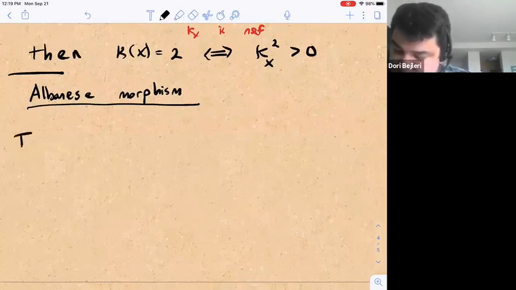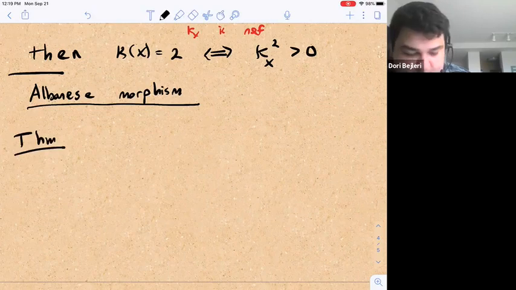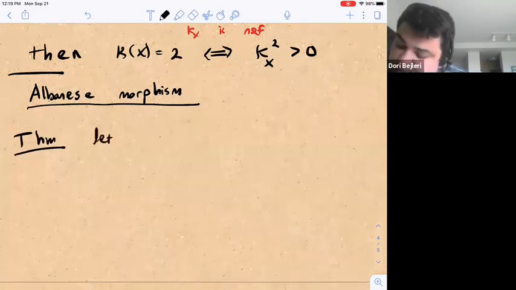Okay, so let me just write a theorem listing all the properties. Let X be a smooth projective variety.